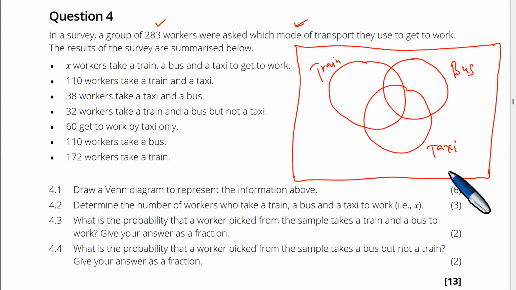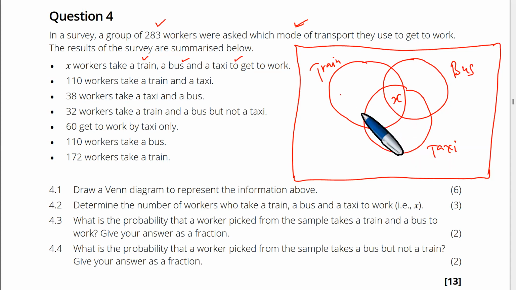Now let's analyze these together. So X workers do what? Take a train, a bus, and a taxi to get to work. So X is here. They take everything: train, bus, taxi. So they are here. 110 workers take a train and a taxi. So in other words, they are here.